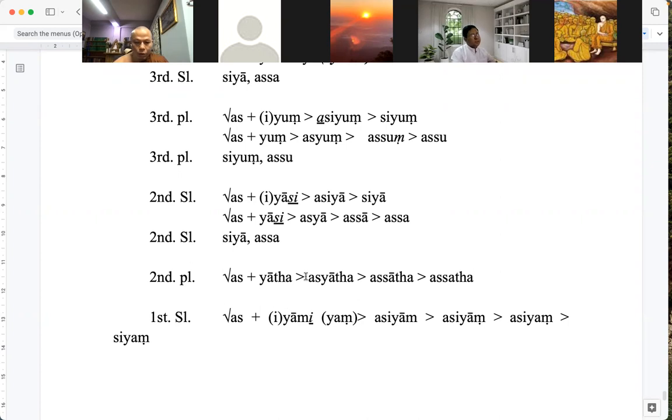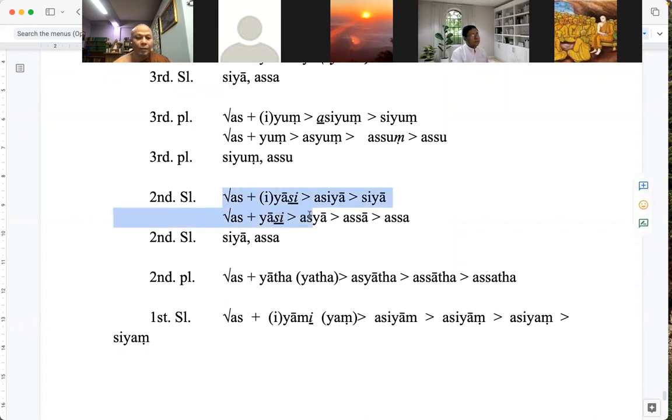Okay. So here also, instead of the yata, only yata form we use in this way. So the same way for the third person, second person also, instead of the yasi, only ya. So we can note it in this way to remember easily.